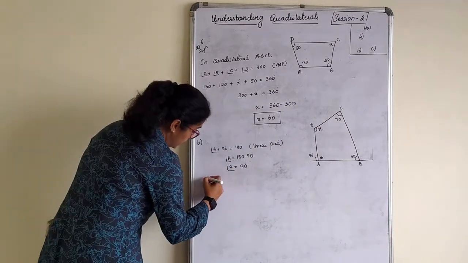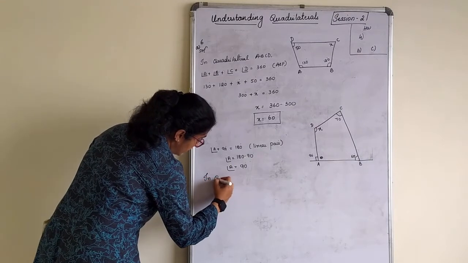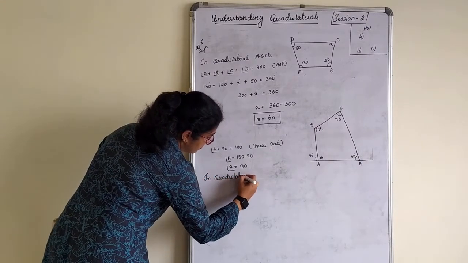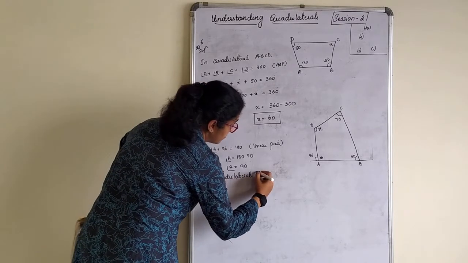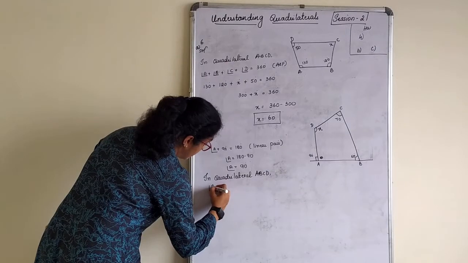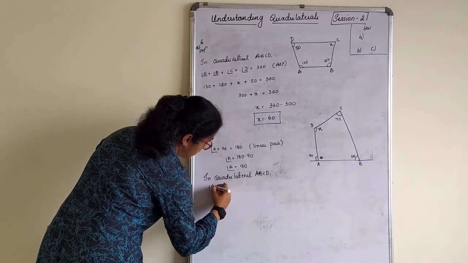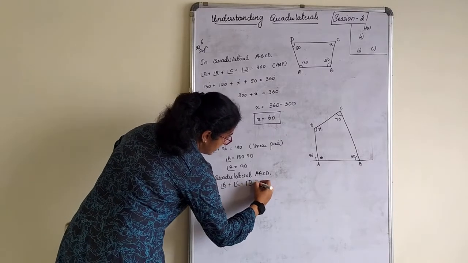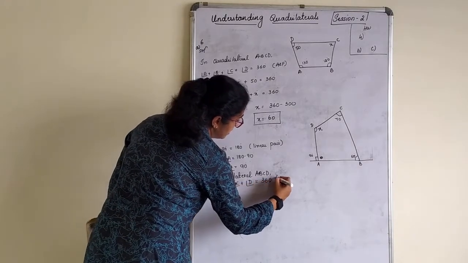Okay. Now it's a quadrilateral. In quadrilateral ABCD, I can say angle A plus angle B plus angle C plus angle D is equal to 360 degrees.